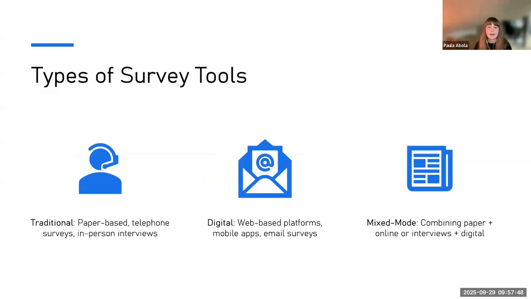Digital tools, on the other hand, include platforms like Qualtrics, SurveyMonkey, and Google Forms. Those are the three most popular ones that you have probably also heard of, and these allow rapid distribution and automatic data entry. Sometimes researchers will use a mixed-mode approach, for example, offering both an online version and a paper version of the same questionnaire to maximize inclusivity.